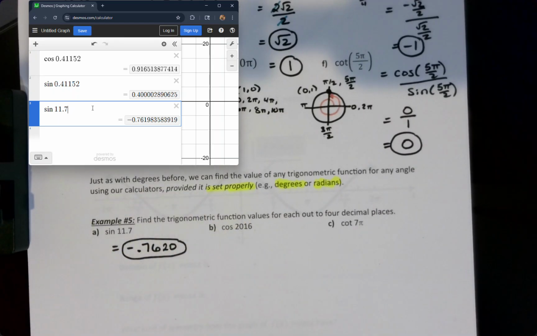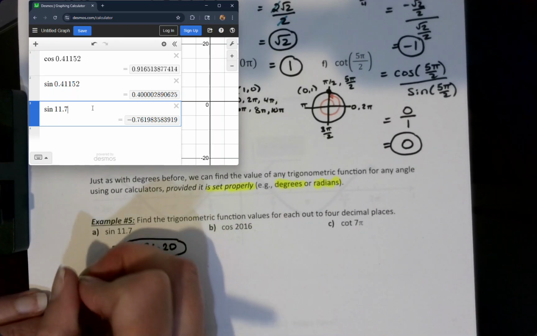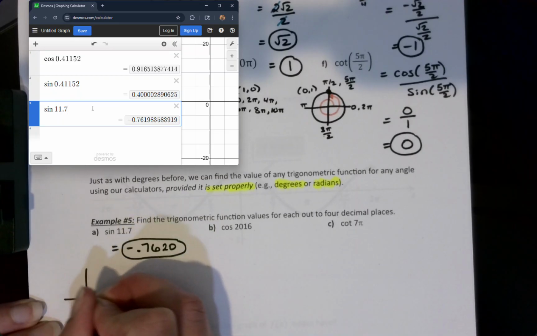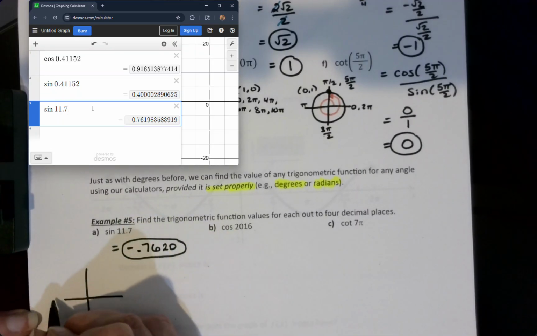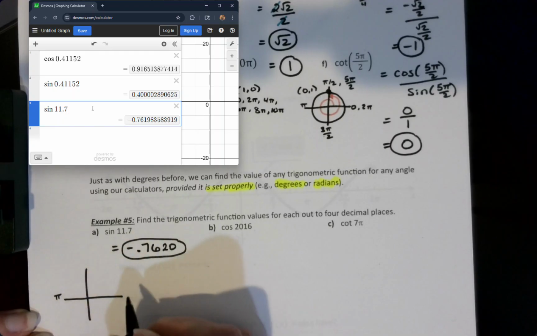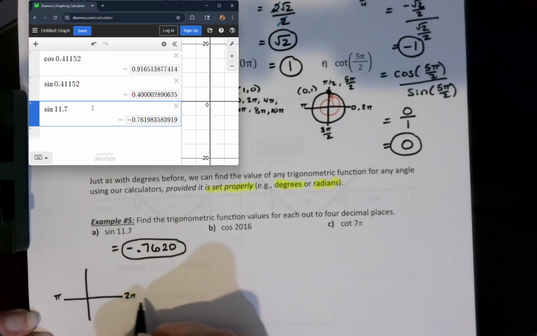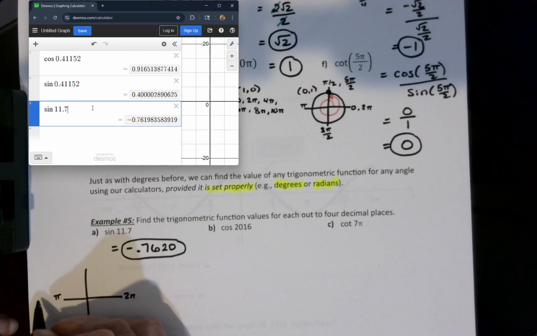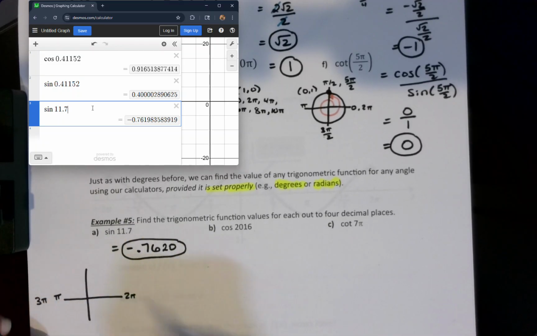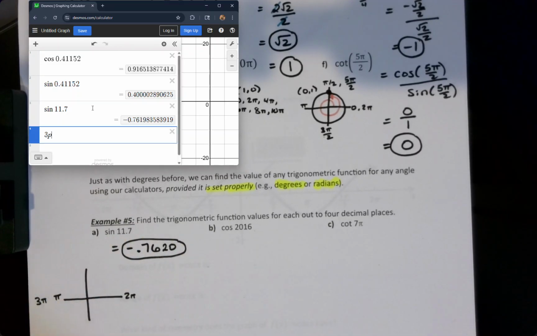So if I think about where that angle would be, I just want to make sure a negative value makes sense for this. So this is pi, it's about 3. This is 2 pi, that's 6 and some change. So this would be 3 pi. 3 pi is 9.4.